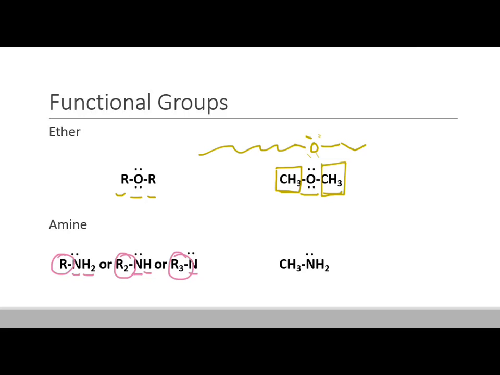So remember that nitrogen likes to form a total of 3 bonds. So it could be all 3 bonds to carbons, could be 2 bonds to carbons and 1 to a hydrogen, or 2 to hydrogens and 1 to an R group. And so here you can see that we have an amine because we have an NH2 group attached to this carbon chain right here.